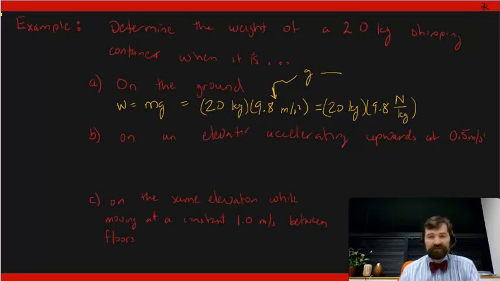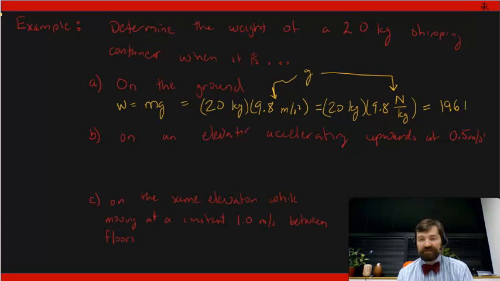In this case, it's still the same g, we've just changed the units slightly, and the units now represent what's called gravity field strength. Either way, what you end up getting is 196 newtons. If you round it to two significant figures, then you should say maybe 200 newtons.